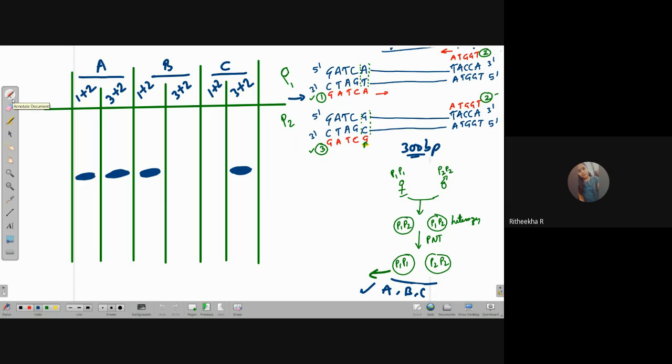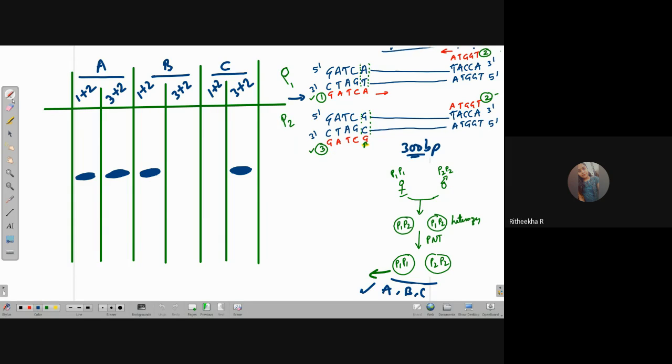Sir, A is actually biparental and heterozygous, sir. Why? It has both the primers, 1+2 and 3+2. Yes. I'm just answering so that everybody will understand how you arrived at the answer. So it has both the chromosomes. On replication, both are alleles, equal, right?